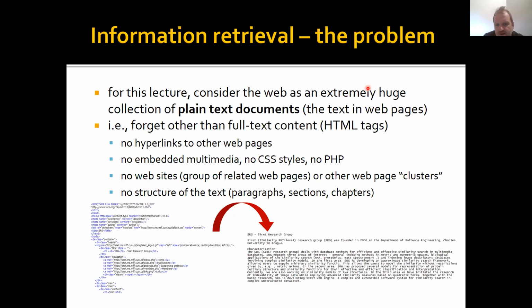So we must simplify the problem. And this is also the reason why we need to deal with the effectiveness, as I mentioned. We want to achieve as exact a search as possible, but from the beginning, the problem is not exactly defined.